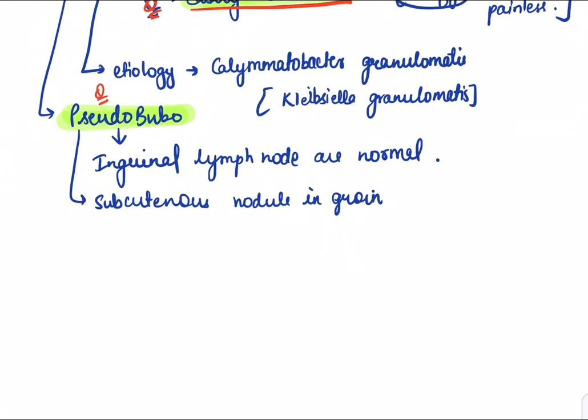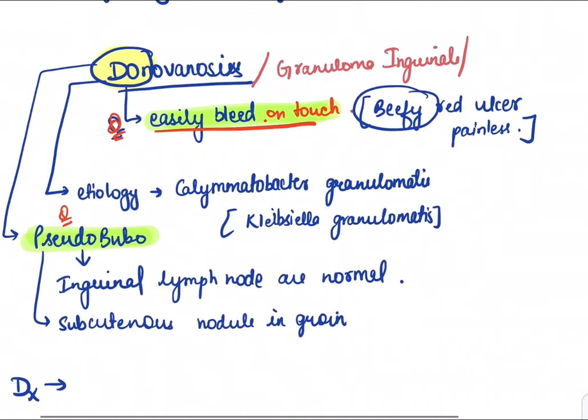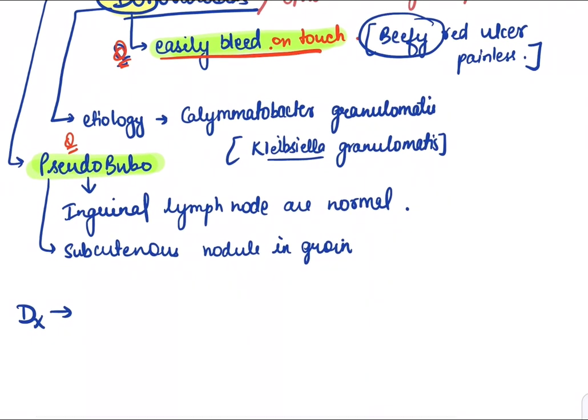Okay, now what we are going to do for the diagnosis. For the diagnosis of Donovanosis, whose etiology is Klebsiella granulomatis, we do a crushed tissue smear, in which we see Donovan bodies. From the name we can easily remember, Donovan bodies.